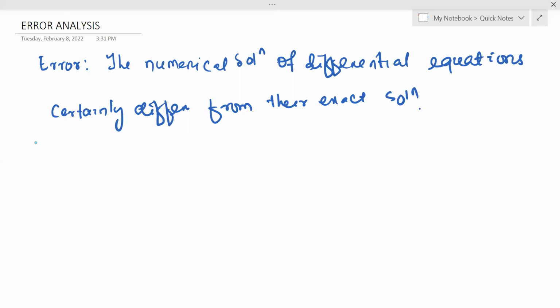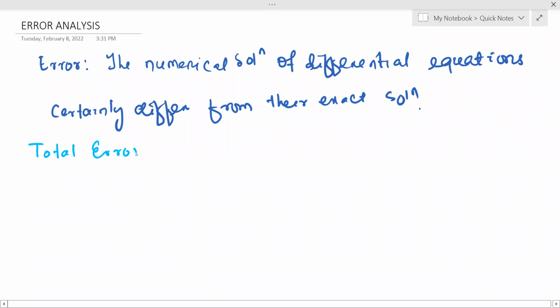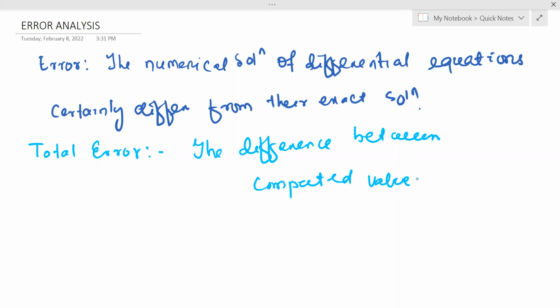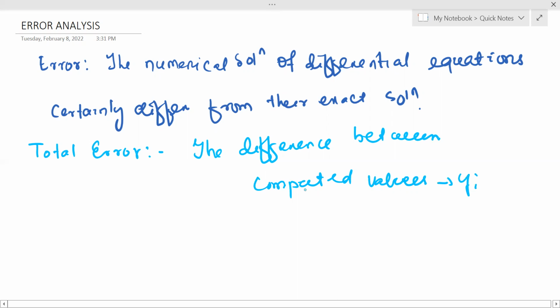So total error. What do you mean by total error? Total error means the difference between computed values and true values.